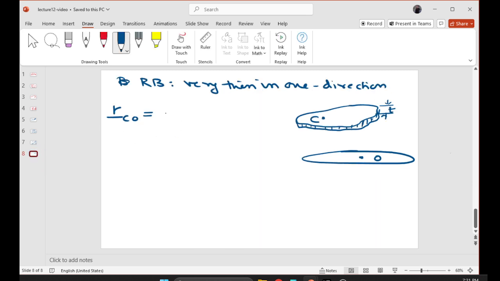But for a thin body, RCO can be computed as, where P is a typical point on the RB, and then in the neighborhood of that point, I consider an area dA.